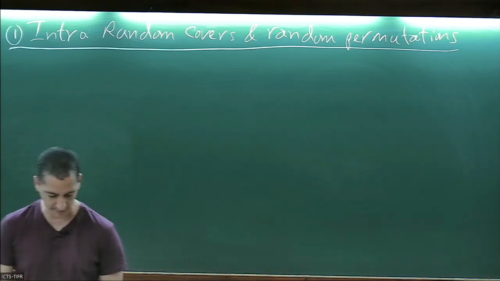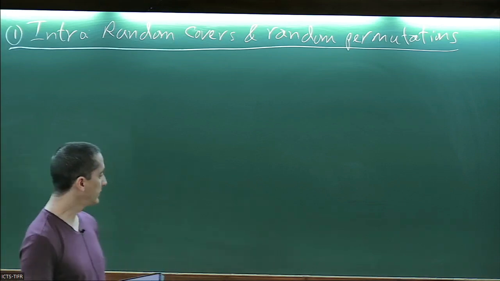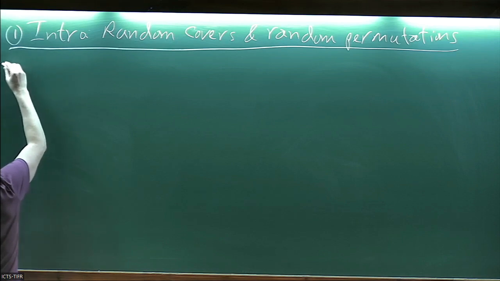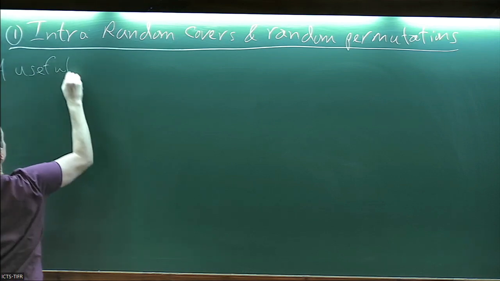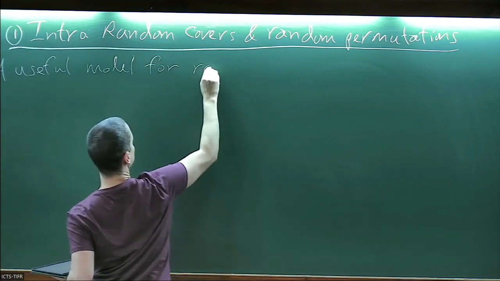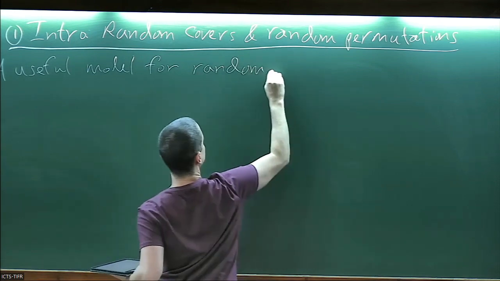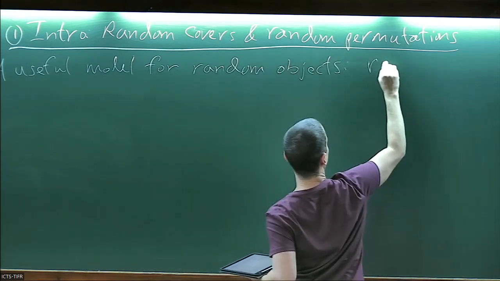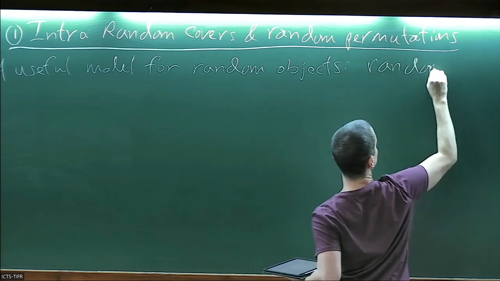So oftentimes, to show existence of an object, we use the probabilistic method and show that random objects actually satisfy this property. And a useful model for random objects is the model of random covers.